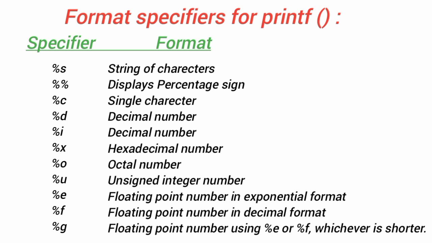Similarly, double percent displays a percent sign. %c single character. %d decimal number. %i decimal number. %h hexadecimal number. %o octal number. %u unsigned integer number. %e floating point number in exponential format. %f floating point number in decimal format. And %g floating point number using %e or %f, whichever is shorter.